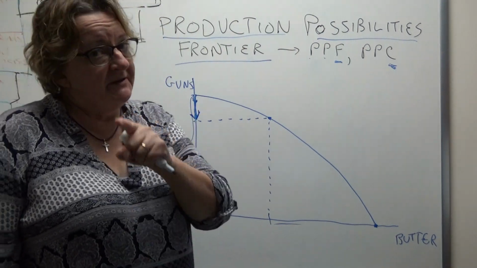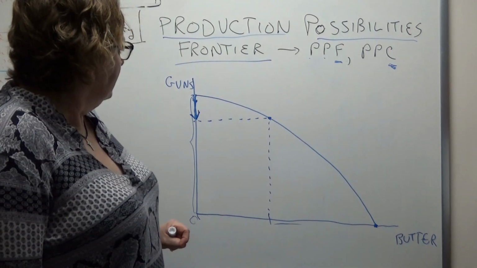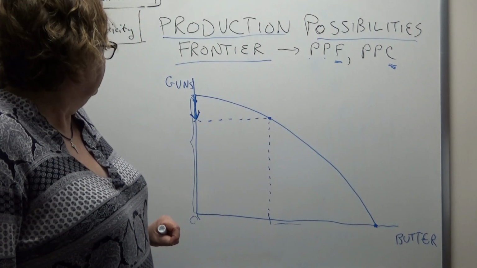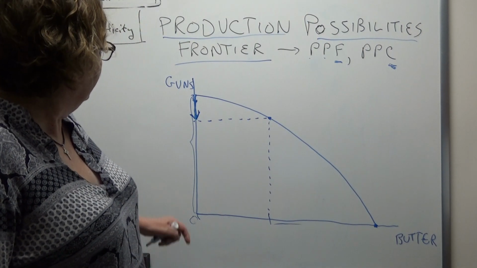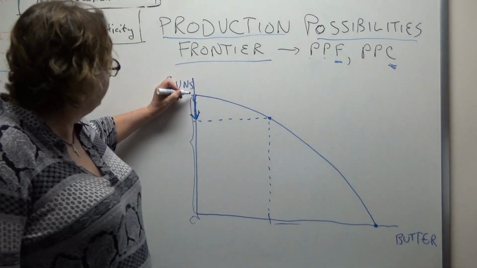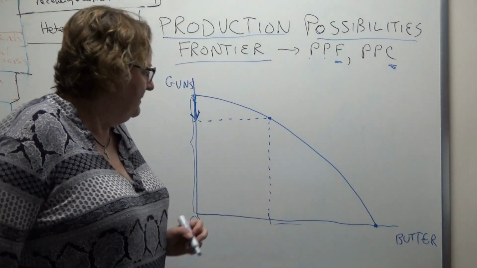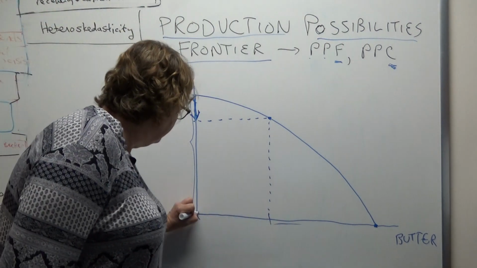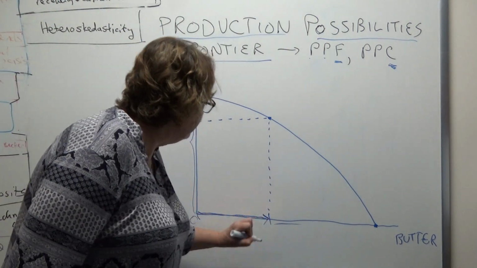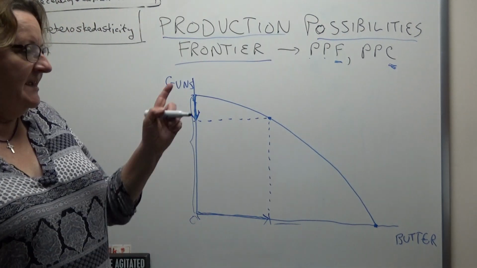But this semester, I know, we did the medevac helicopter example. So you have to give up some of these guns in order to have some production in butter.